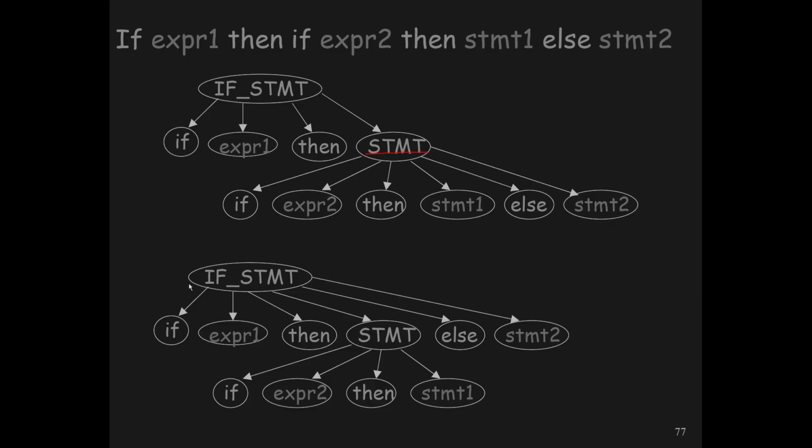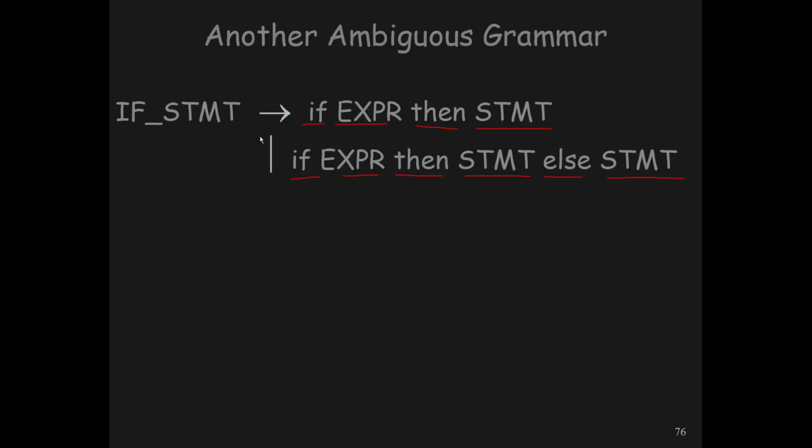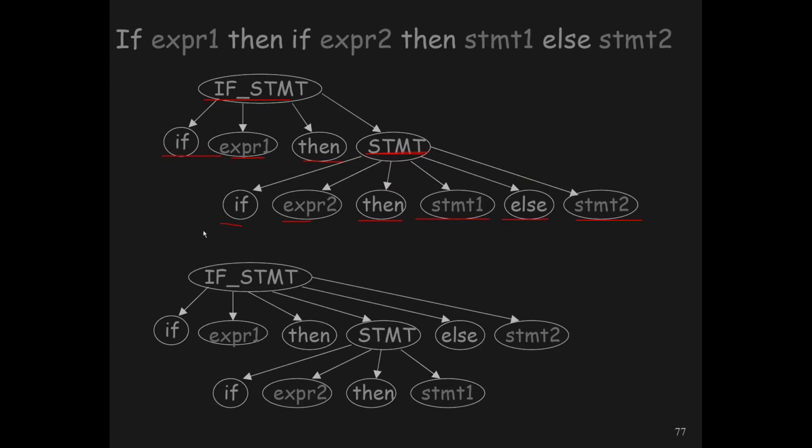Anyways, so if statement generates if expression 1, then statement. And then the statement here is an if statement and generates if expression 2, then statement 1, else statement 2. So the first time they went with this one, and then they went with this one, okay? Now, the second time, they went with the second rule, and then with the first rule for the statement over here, okay?